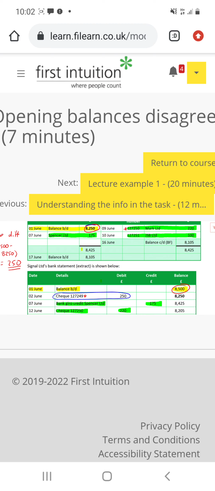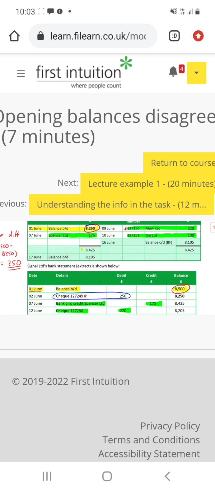Remember we start on the 1st of June, so we will have written out that check in May, and therefore we will have included that in the cash book to the period ended 31st of May. The problem is, because the person I've sent that check to won't have had time to get it in the bank and the bank to process it, we had a timing difference last period.